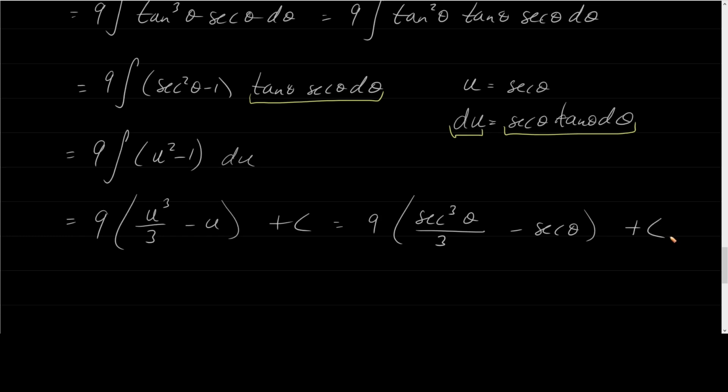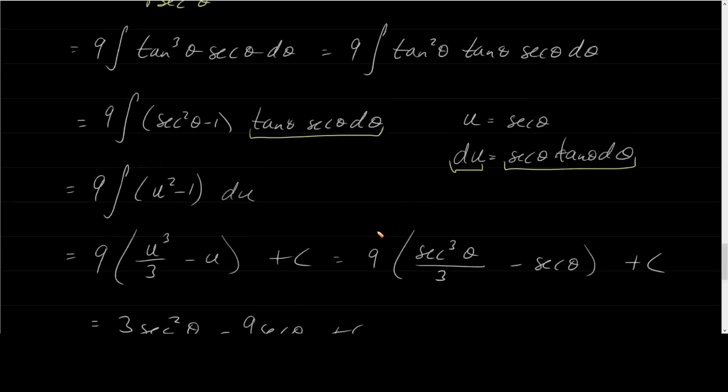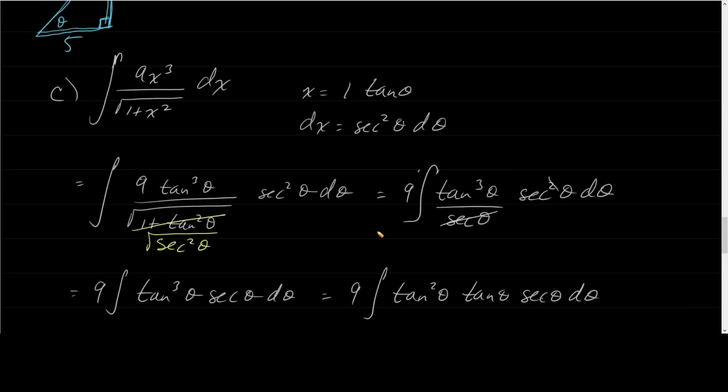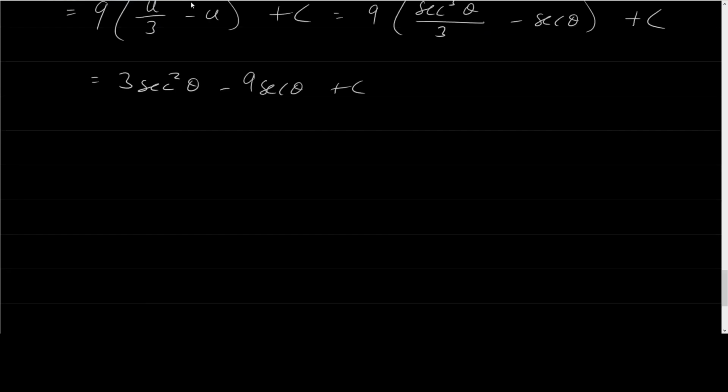All right? If I distribute that 9, what I really have now is just 3 secant cubed theta, minus 9 secant theta, and we have that plus c. Now let's recall what this problem was about before it was about theta. It was about x, specifically where x is equal to tan theta. So let's look at the triangle that implies.